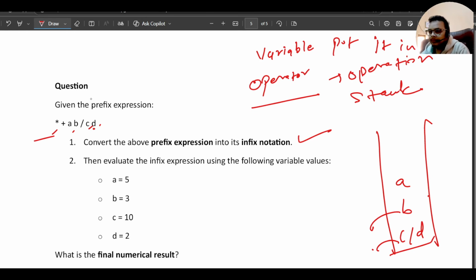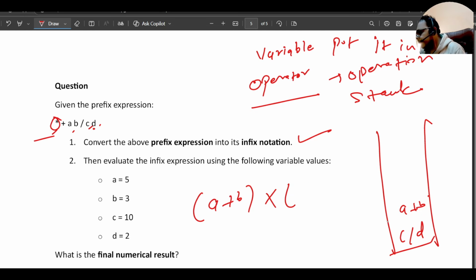So A and B will be popped out, plus is there, so A plus B. And we will push A plus B into the stack. Now our stack looks like this. It has C divided by D and A plus B. Now there is multiplication. So the final expression will be A plus B multiplied by C divided by D.